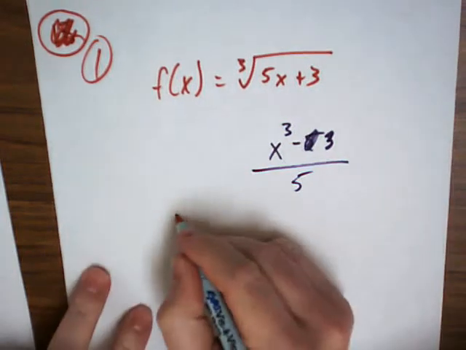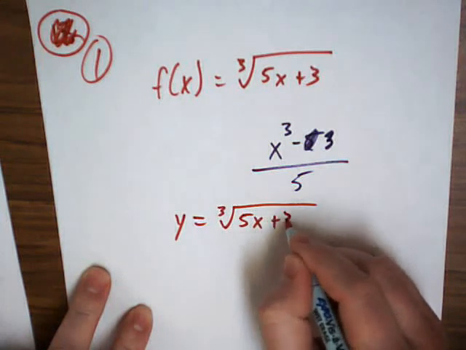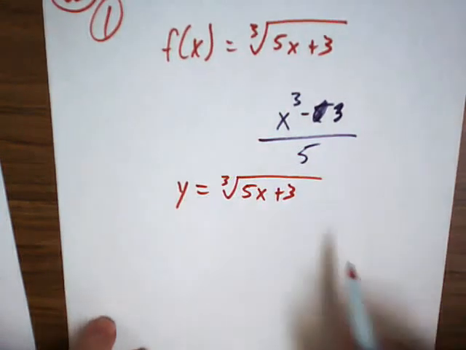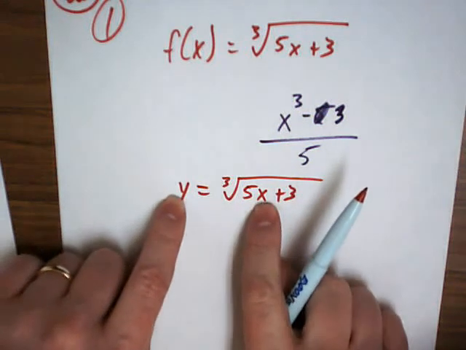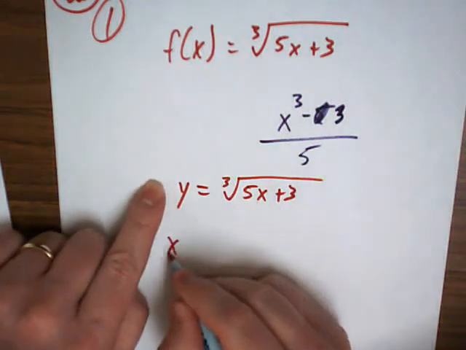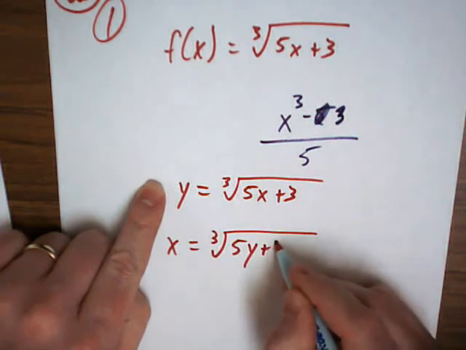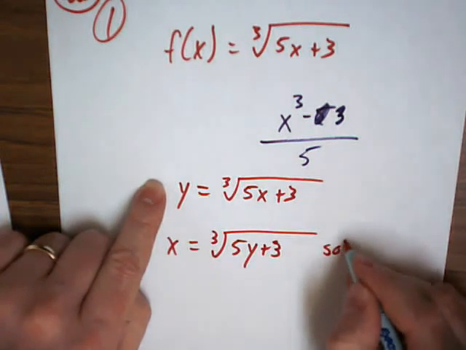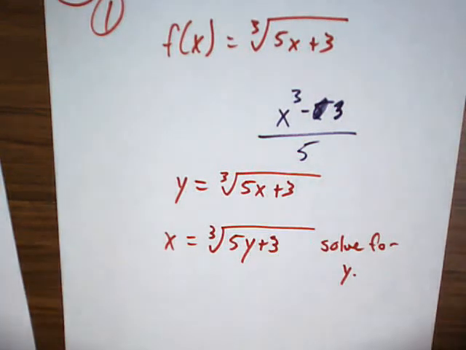So it's y equals the cube root of 5x plus 3. I'm going to change that out to a y, and I'm going to change out the x and the y. Effectively, when I do this, I'm going to solve for y now, and it's going to force me to do everything backwards.